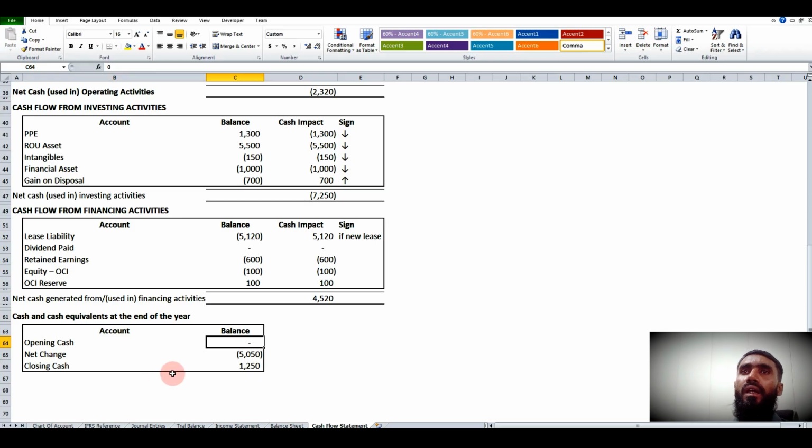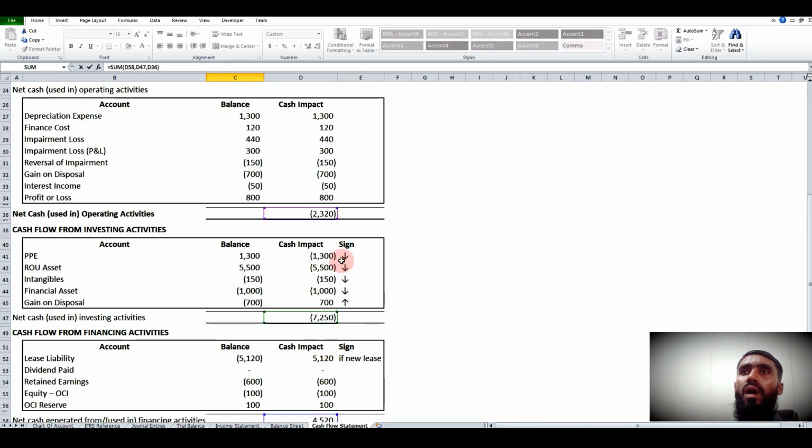Opening cash, here I didn't have any opening cash. I didn't pass any entry for the opening cash. Net change, 5,000. Now, how to calculate the net change?